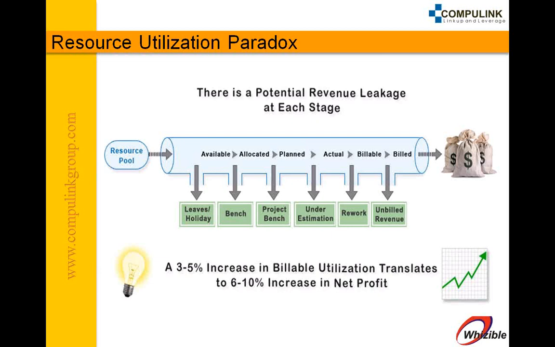Similarly, any rework that comes out of deliveries made and issues reported by the customers is also not billable. And therefore, underestimation and rework are important revenue leaks for fixed bid types of projects. The third type of leakage is unbilled revenue. Even when work is completed on time, it's likely that the revenue realization may not accrue immediately.